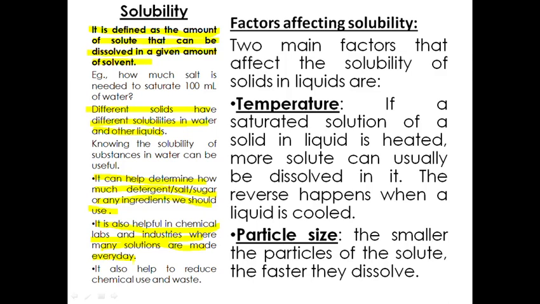This amount of chemical is added, another amount of another is added. So that is the balanced amount. If we take more than that, it becomes poison to us. If we take less than that, it will not work in our body as a medicine. It will be useless. So to know that also, solubility is very important. Next, it also helps to reduce chemical use and waste.